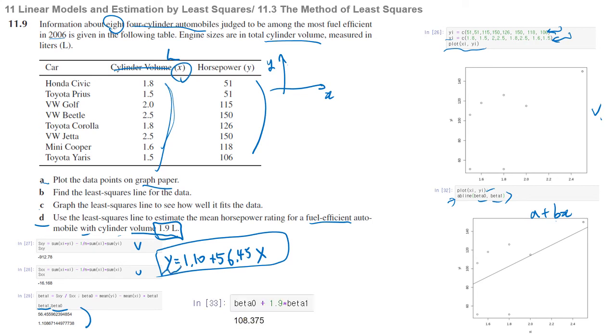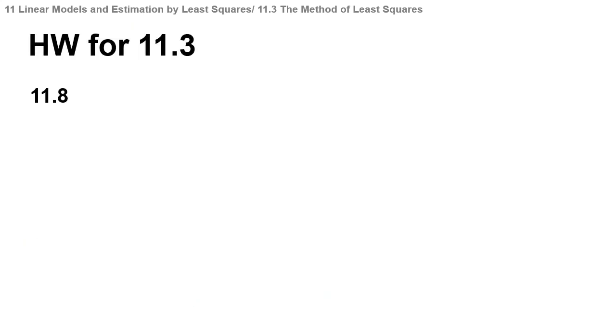You can easily calculate this using R, by putting 1.9 into x, and then you can calculate your y hat, which is this thing. Okay, so this is it. The homework for chapter 11.3 is this 11.8.